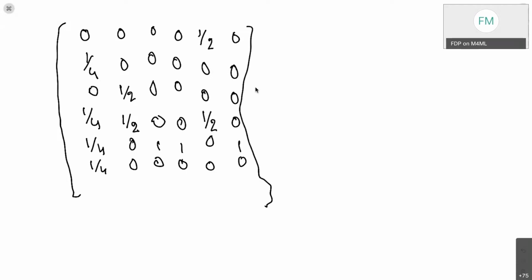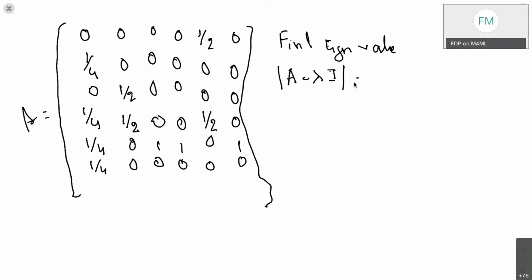Now, how do I find it? The basic task is to find out the most important application for a specific search. The best way is we just find the eigenvalue for this. For the given matrix, let's say this is matrix A. So this is the determinant of A minus lambda I, right?